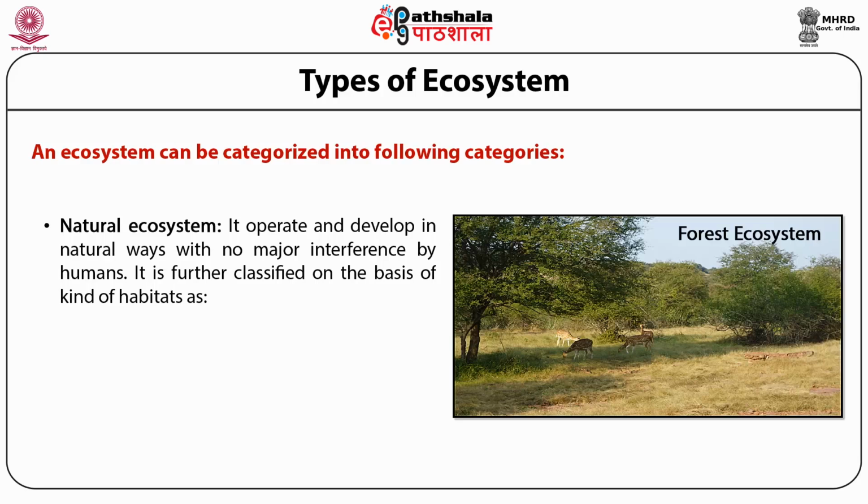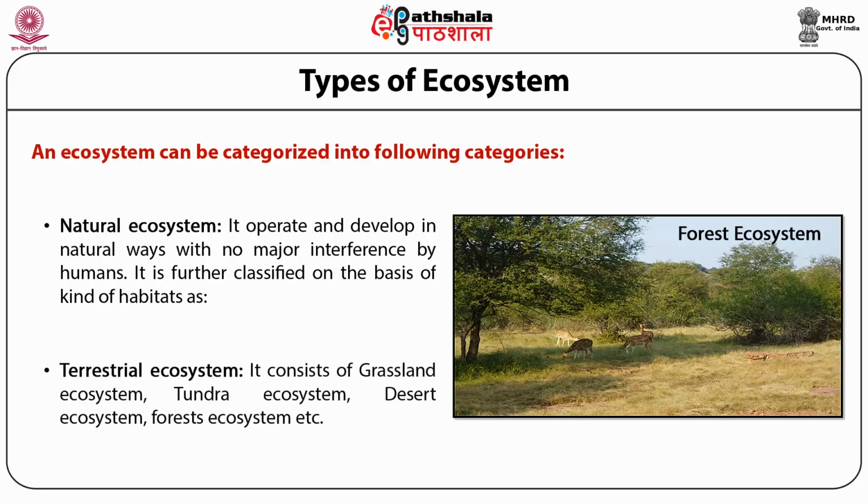They are further classified on the basis of kind of habitat as terrestrial ecosystem. The terrestrial ecosystem consists of grassland ecosystem that is dominated by grasses and covers about 20% of land surface.